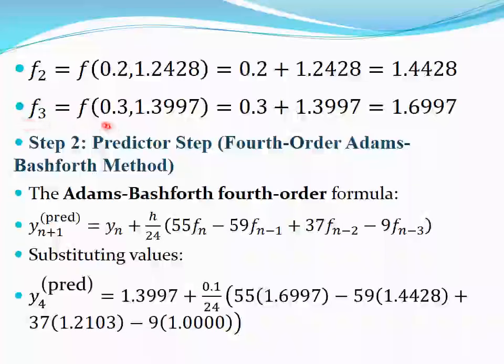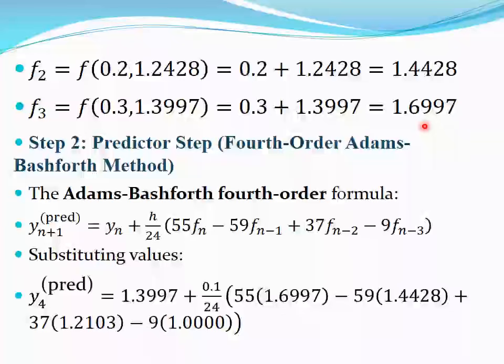The Adams-Bashforth fourth order formula is given: y_{n+1} predictor equals y_n plus h upon 24 times (55 f_n minus 59 f_{n-1} plus 37 f_{n-2} minus 9 f_{n-3}).